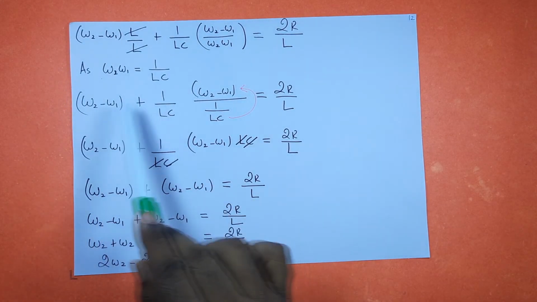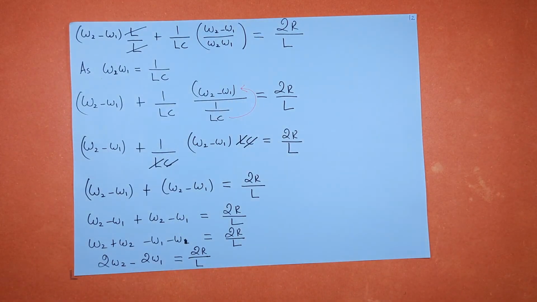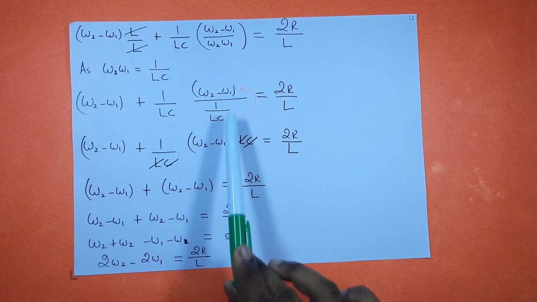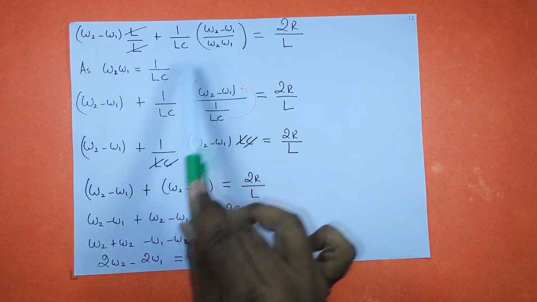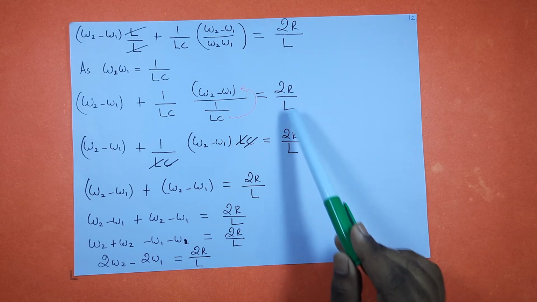We have already seen omega 2 omega 1 equal to 1 by LC. Substitute this here. Omega 2 minus omega 1 plus 1 by LC, instead of this you substitute 1 by LC, (omega 2 minus omega 1) equal to 2R divided by L.